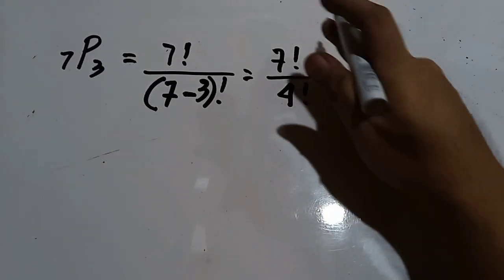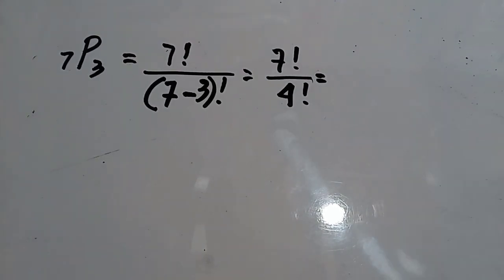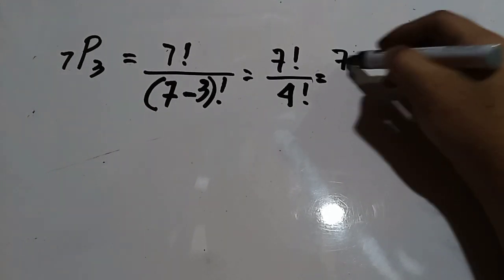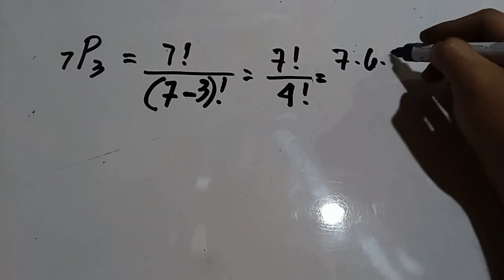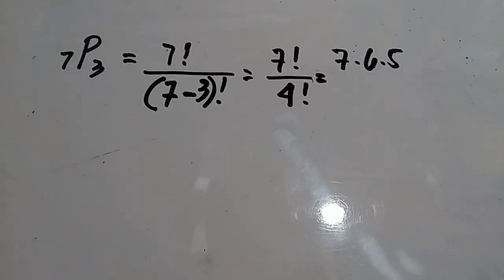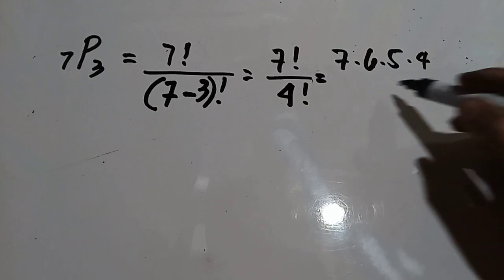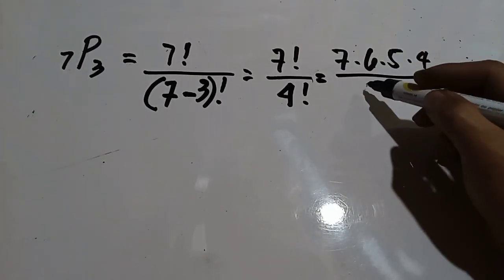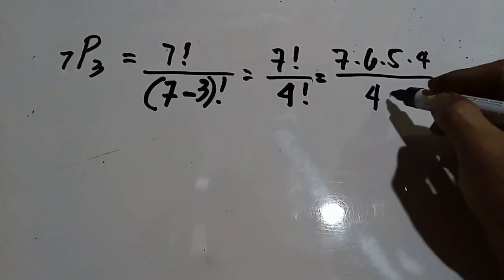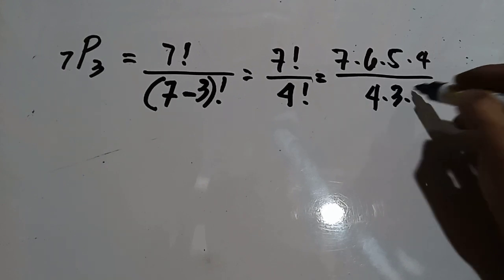Next, what will we do? Let's get the ordering of elements. So we have 7 times 6 times 5 times 4 over 4 permutation, which is 4 times 3 times 2 times 1.